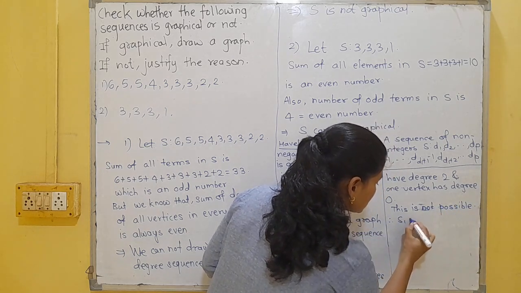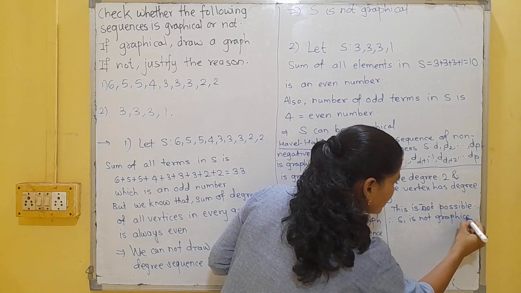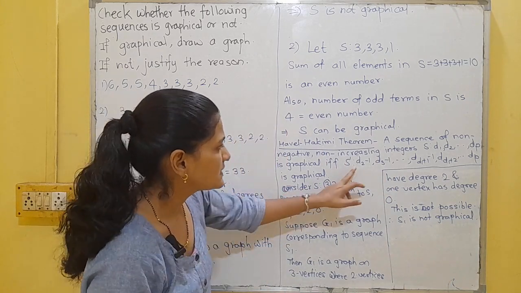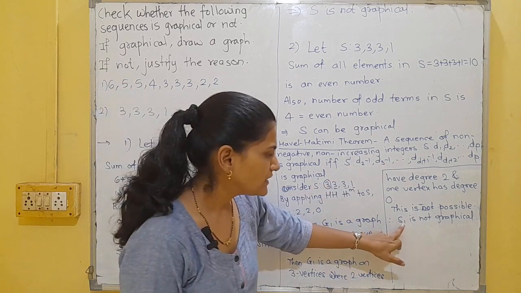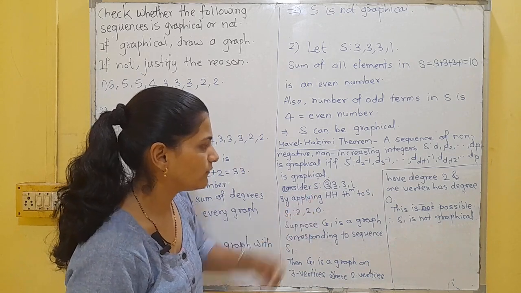Therefore, S1 is not graphical, and our Havel-Hakimi theorem says S is graphical if and only if S dash is graphical. So here S1 is not graphical, which implies S is also not graphical.